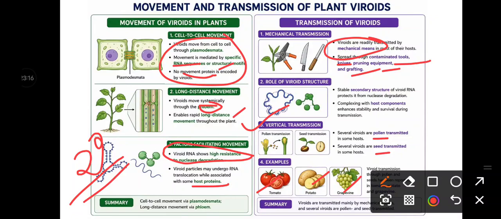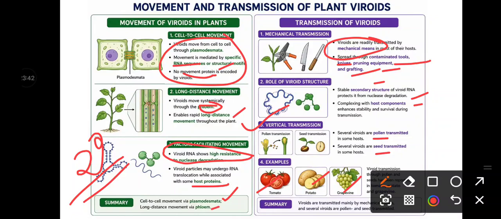Because of the presence of secondary structure, it resists nuclease degradation, and in complexing with some host proteins, it actually enhances stability and is further helpful for the transmission. So in summary, cell to cell movement occurs through plasmodesmata, and the long distance movement is mediated by the phloem.